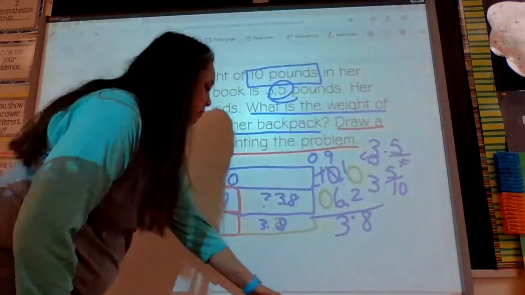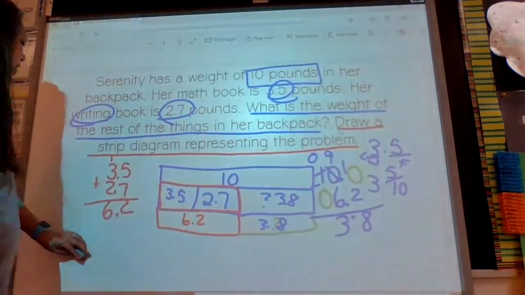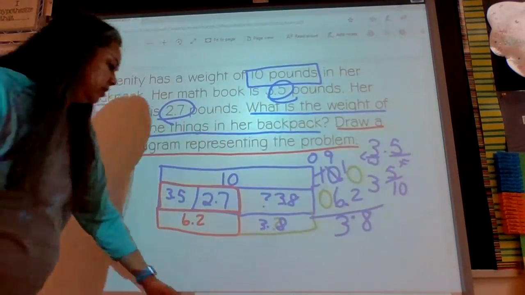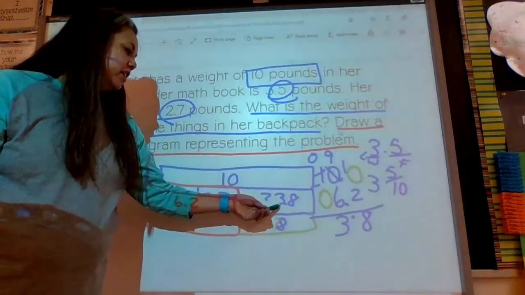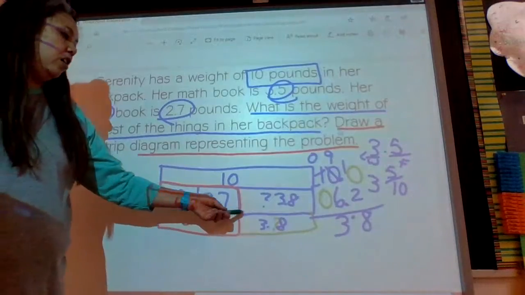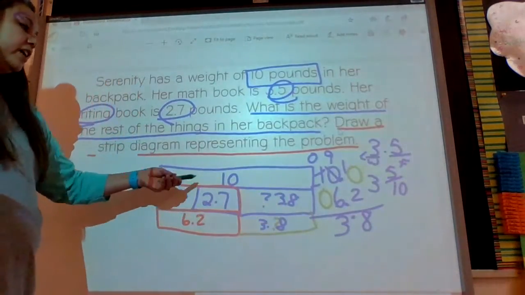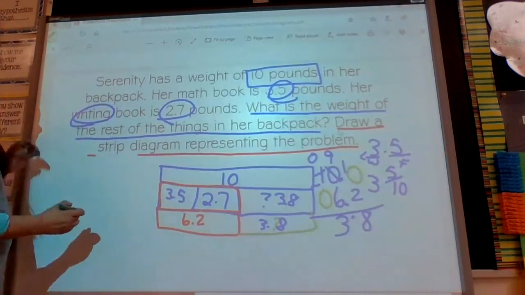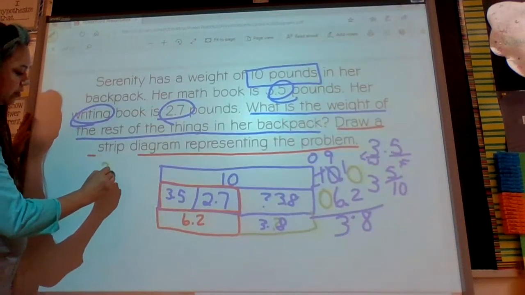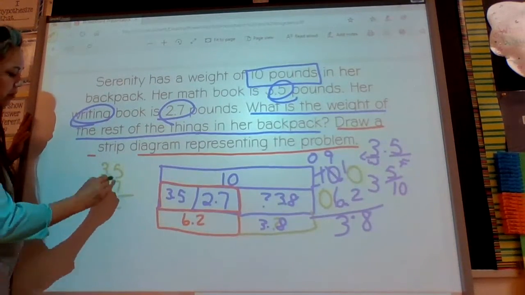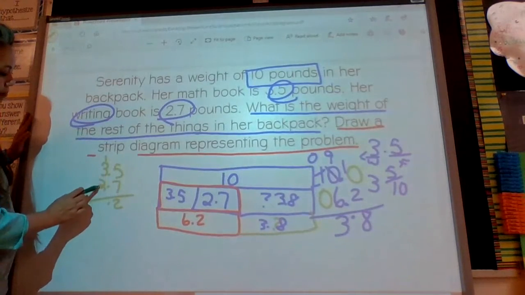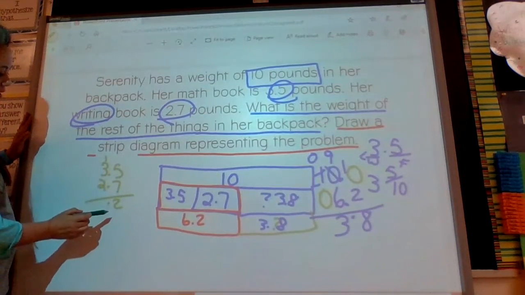Now, there is a way for us to check this. 3 5/10, 2 7/10, and 3 8/10 should all work together and add up to be 10. So let's see. 3 5/10 plus 2 7/10, line up those decimals. That's 12. 3 plus 2 plus 1 is 6.